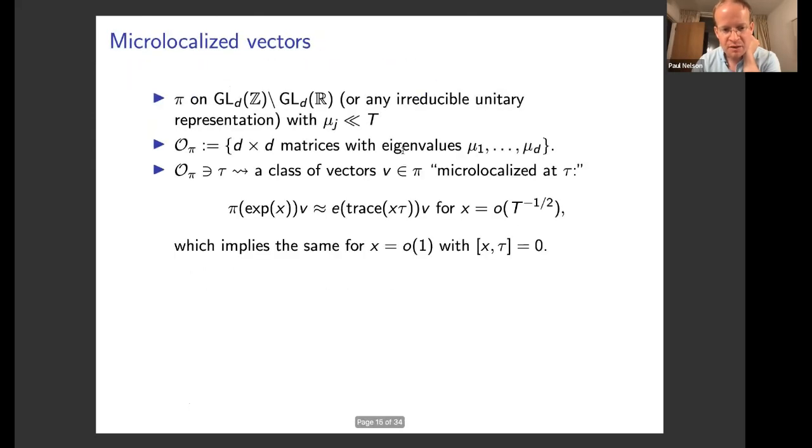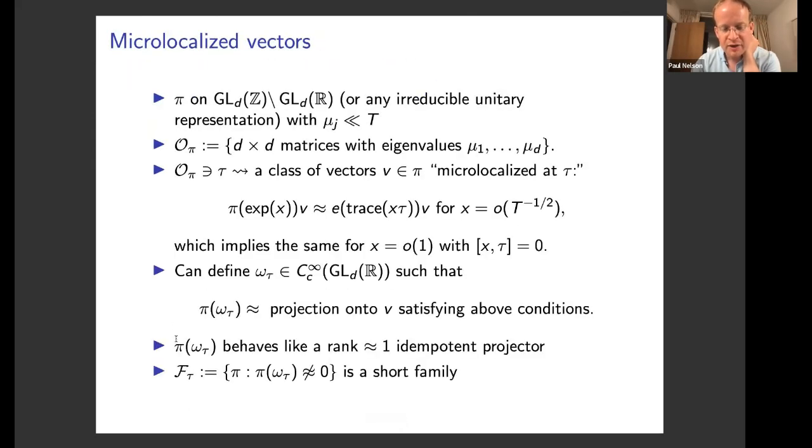That's a good question. A dumb way to do it would be to write it as a union of a bunch of short families. But a more natural answer would be to take omega tau as I've written here, but truncate it to a smaller neighborhood of the identity in the group. The precise neighborhood would be something like big O of T inverse, and you make the exponent much bigger.